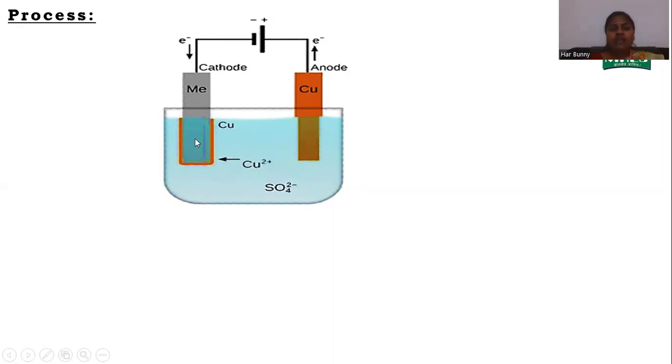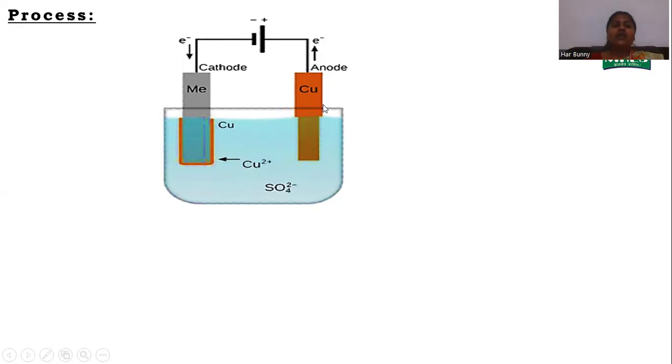So, you may have a question like how do we know these copper ions are deposited on the base metal? We can know by calculating its density. If you observe the density after this electrolysis process, or electroplating process, the density of the anode will be less comparatively to the density of the cathode.